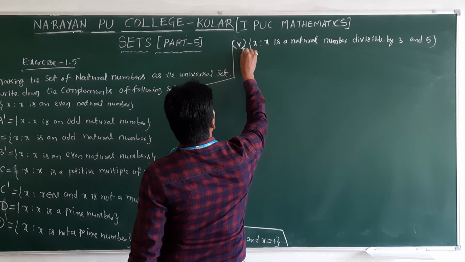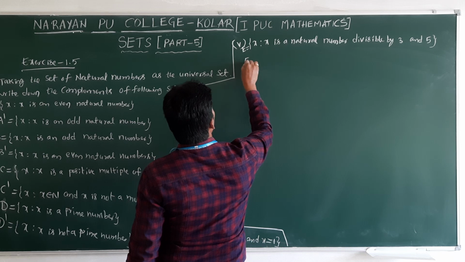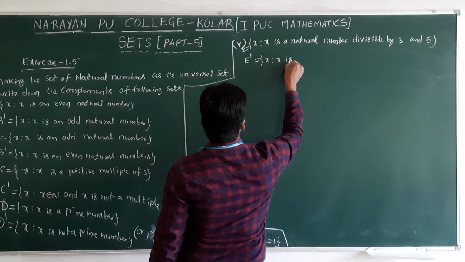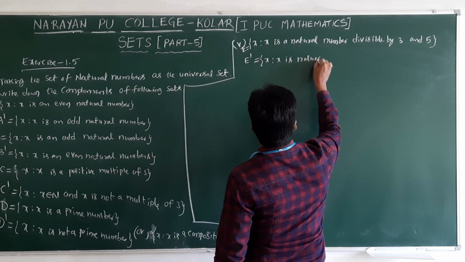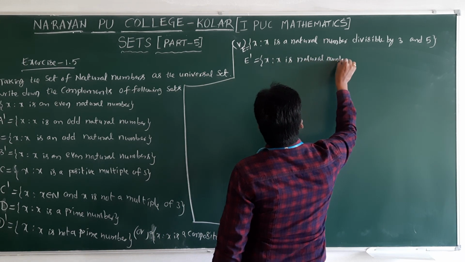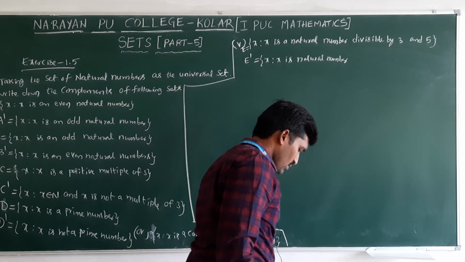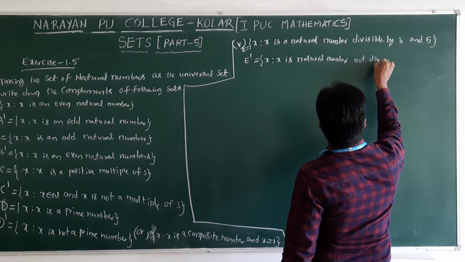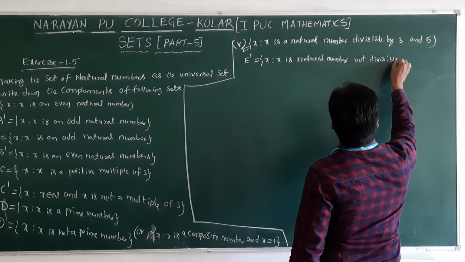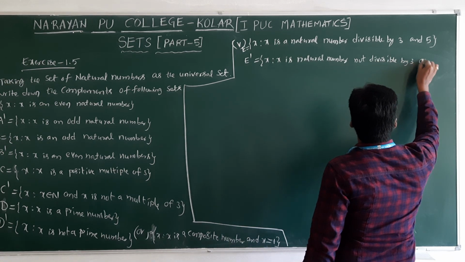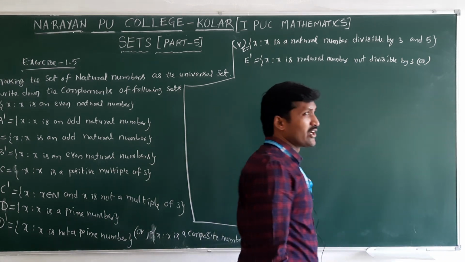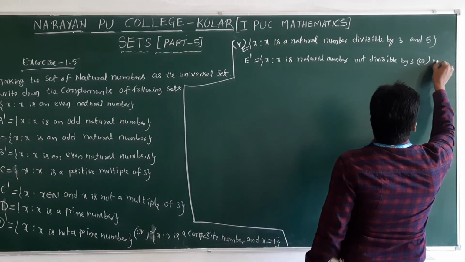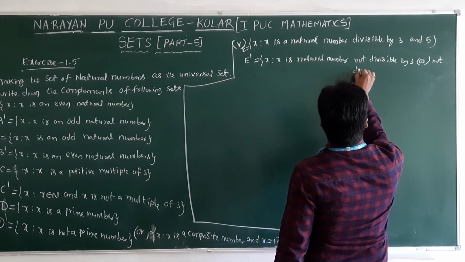This I'll take as set E. I want to find E dash. x is a natural number not divisible by 3 or, the reason for the complement being or, it's not divisible by 5.